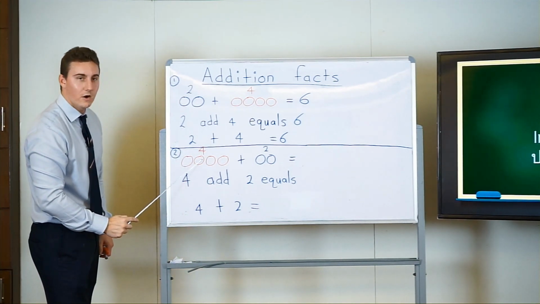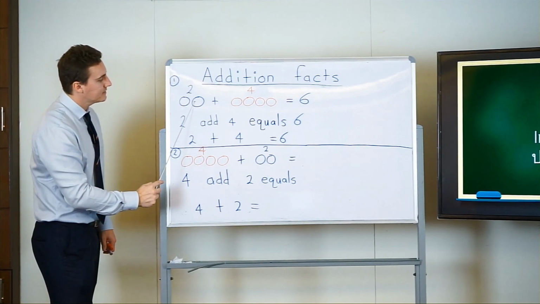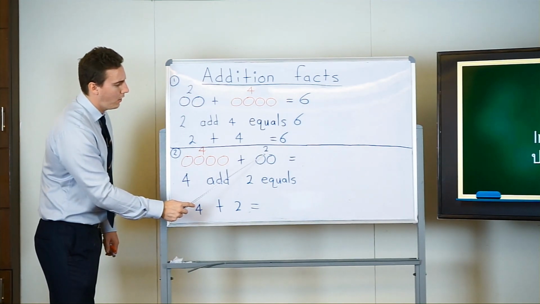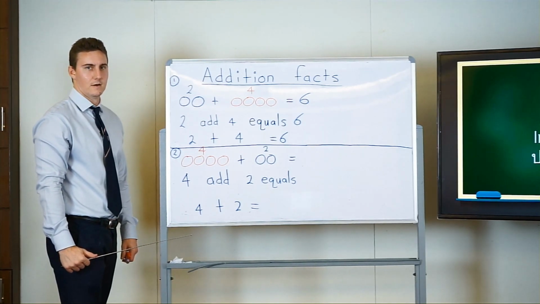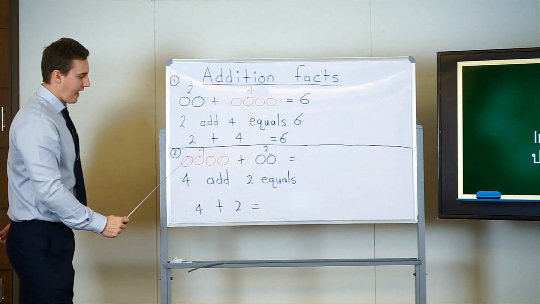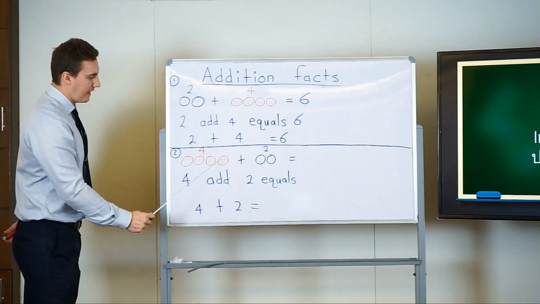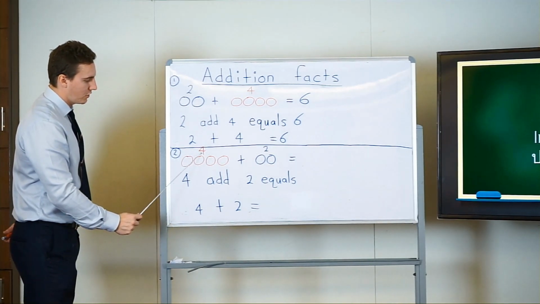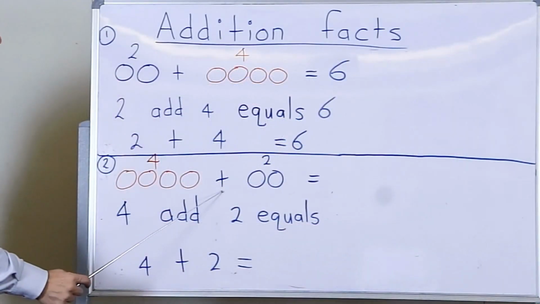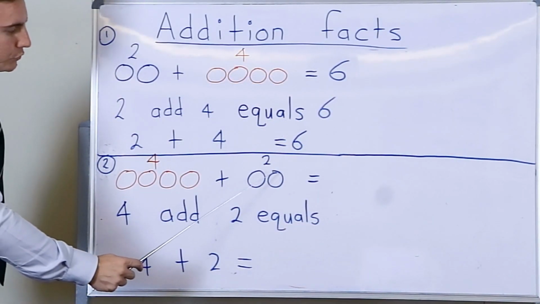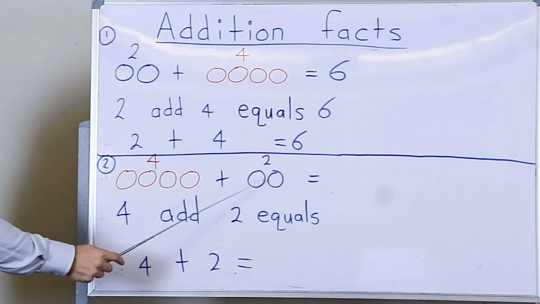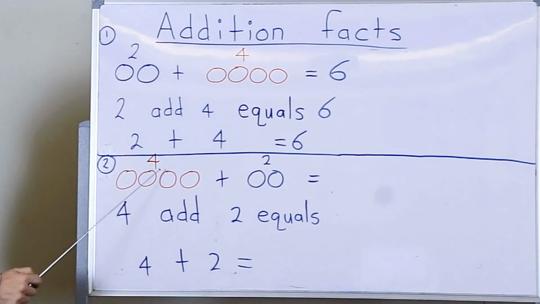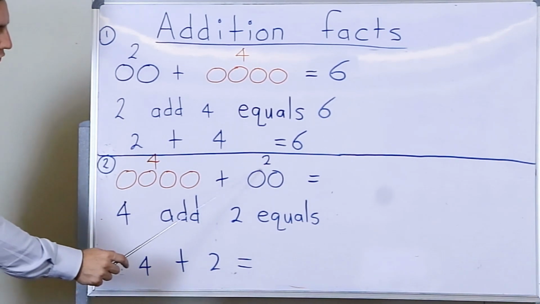now here and this is now here. But let's see if we get the same answer. Let's see. Okay, so we have 1, 2, 3, 4 red circles plus 1, 2 blue. But now the blue is second and the red has gone to first in the sum. Okay, so 4 plus 2.